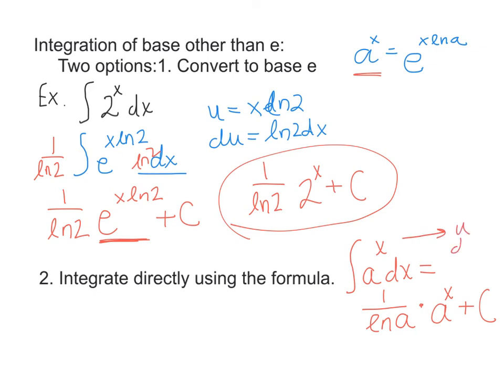You know, if that's u, then you've got to make sure you have a du. But this is the formula. So once again, if I have the integral of 2 to the x dx, it's going to be 1 over the natural log of 2 times 2 to the x plus c. So once again, this is going to be one of those times when memorizing the formula is probably a good idea. So anyway, that's it for this, and I will see you in class.